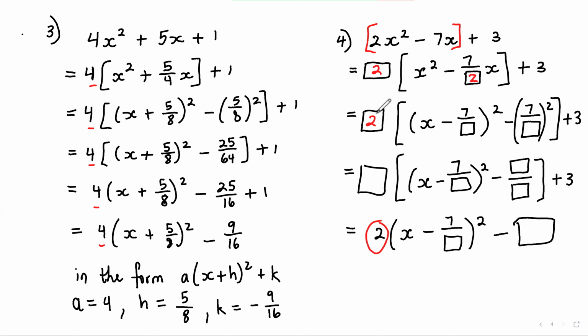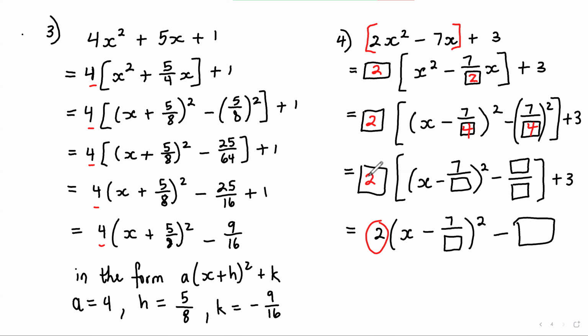So you take x, you take half of 7 over 2. So half of 7 over 2, girls, will be a half multiplied by 7 over 2, which is 7 over 4. So 4 goes there, and then you subtract that 7 over 4 squared. So 2 comes on the outside here again.